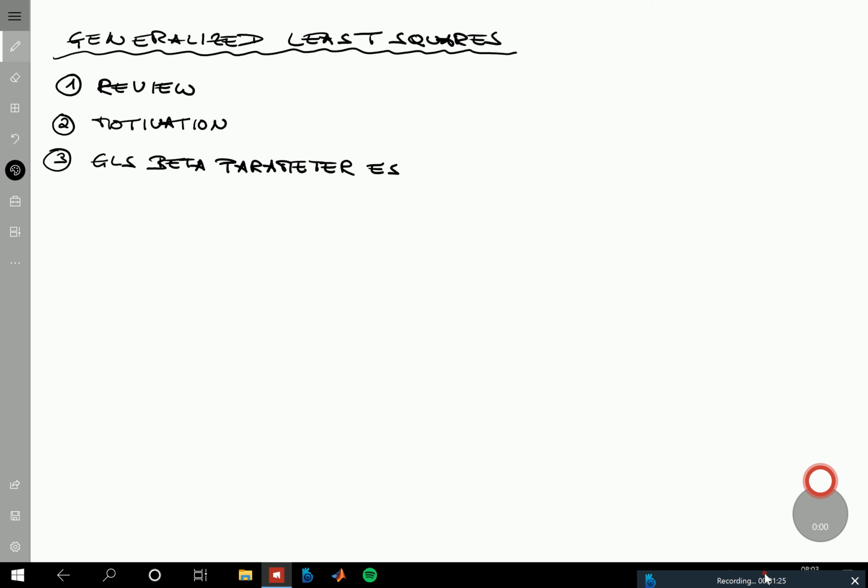The outline today is that we first do a quick review of where we are with the estimation and distribution theory of the GLM under spherical error covariances. Then we're going to discuss the motivation to go from spherical to non-spherical error covariance matrices. And then we discuss the GLS, the generalized least squares beta parameter estimator.